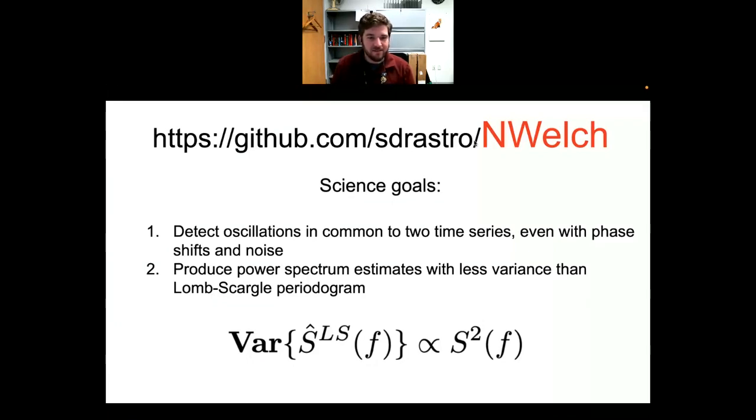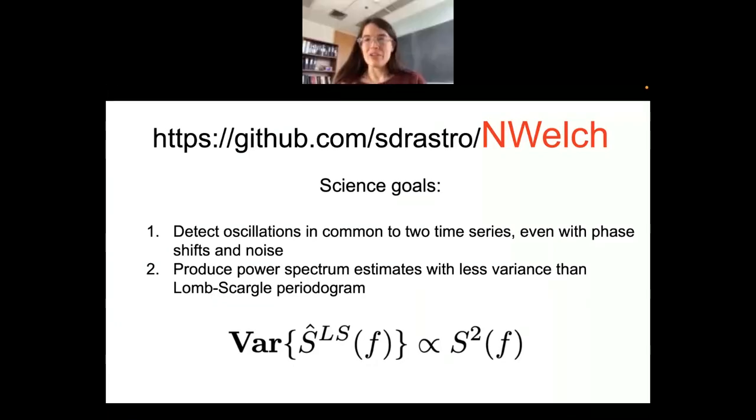Okay, thank you. So NWelch actually grew out of my effort to understand another code that was written in Fortran. I have been working on techniques for sorting out planet detections from stellar activity, and I'd been reading a lot of the geophysics and paleoclimate literature on cross-spectral analysis.